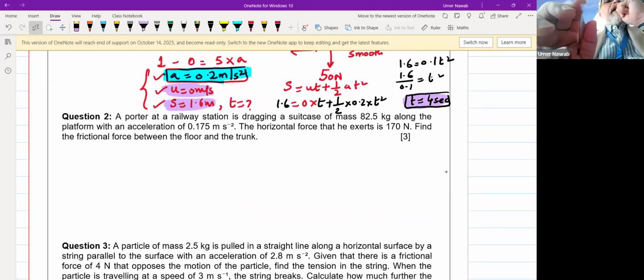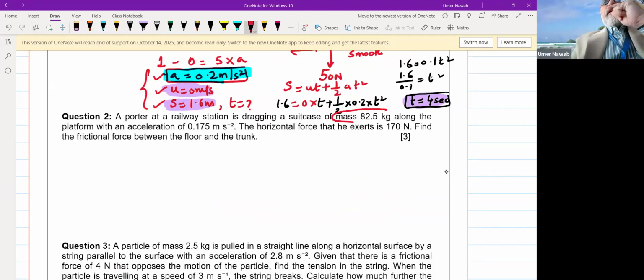In the next question, he said a porter at a railway station is dragging a suitcase of mass 82.5 along the platform with an acceleration. So acceleration is provided to me. The horizontal force that he exerts is 170 newtons. Frictional force we want. So let me make a horizontal ground.